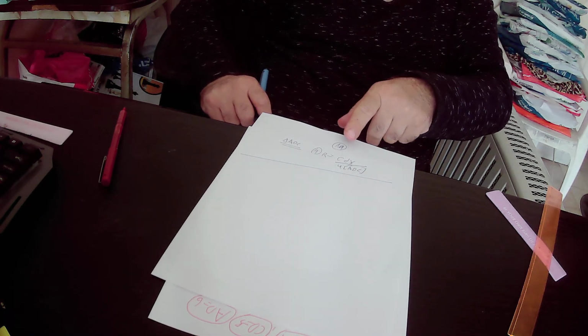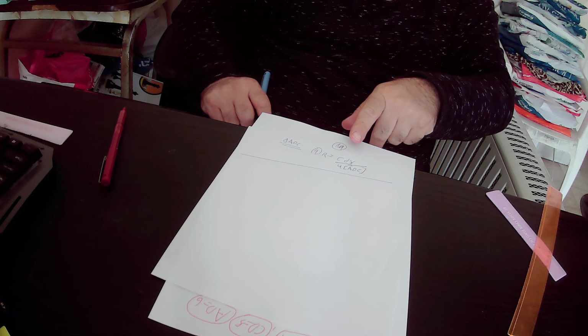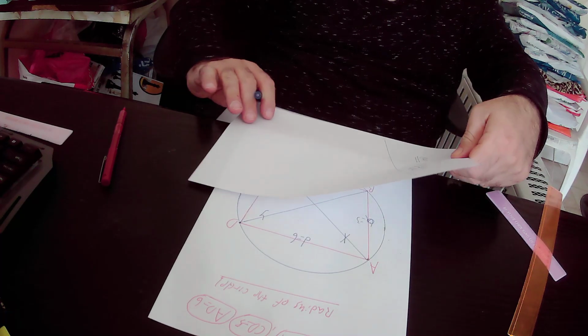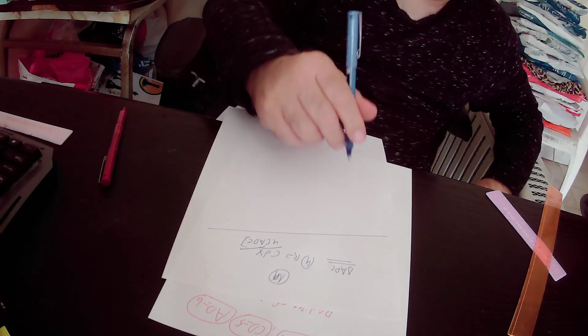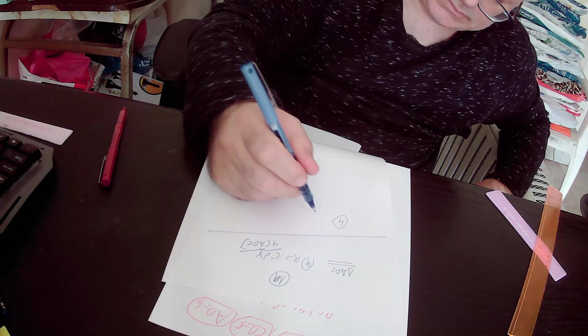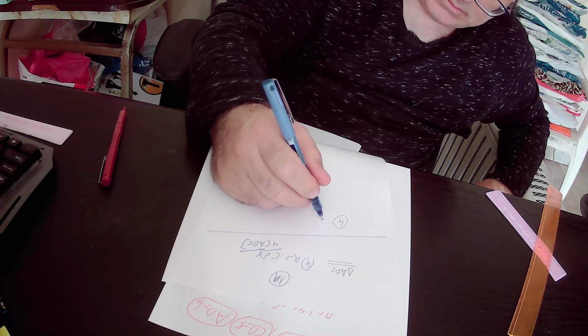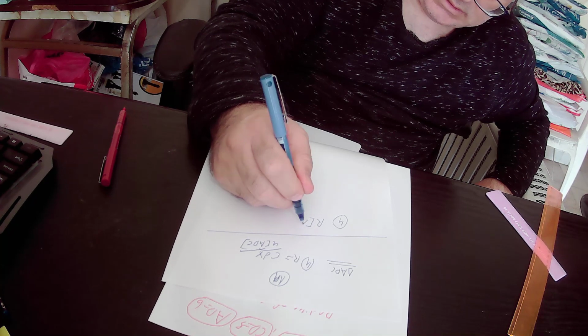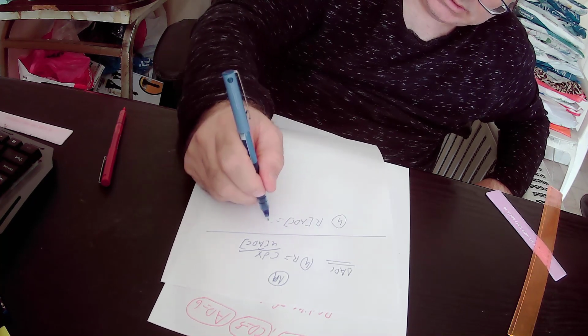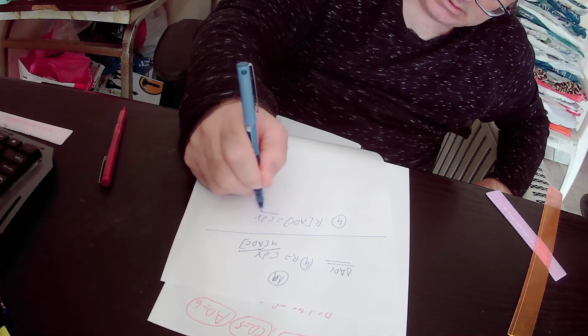Here we will multiply the equation number 4 by the area of triangle ADC, and we will get that R times the area of triangle ADC equals CDX over 4.